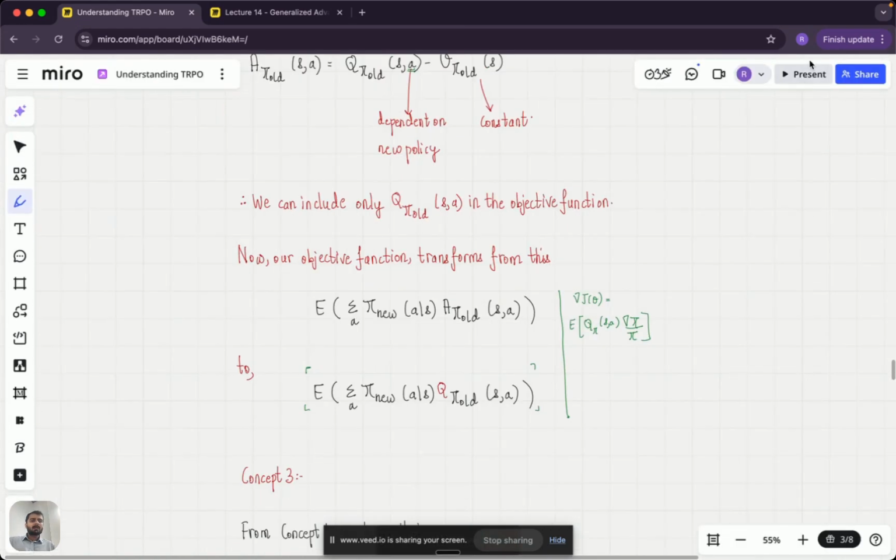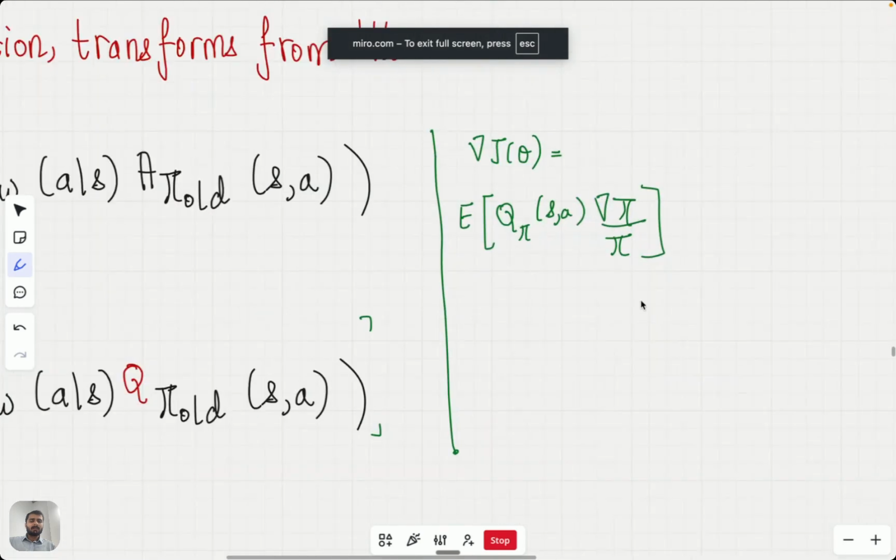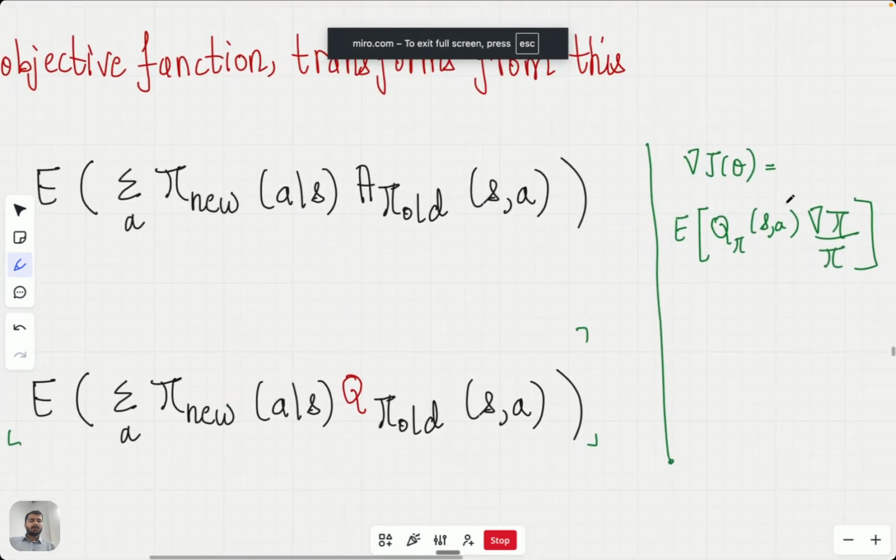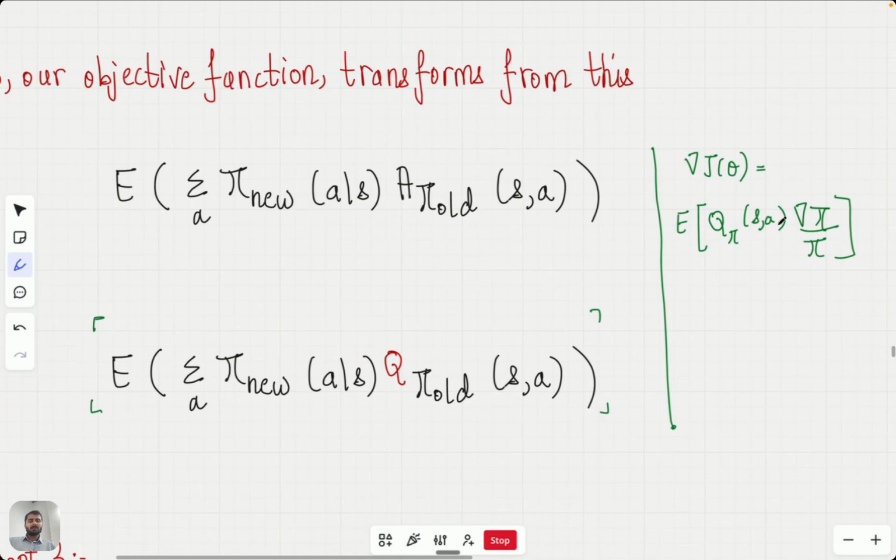So we are used to this expression, and this is the gradient of the performance measure.